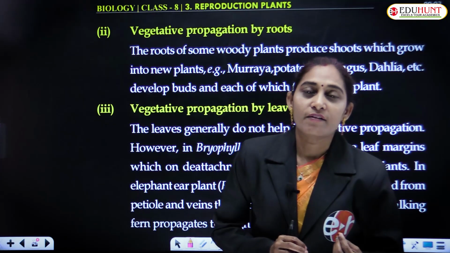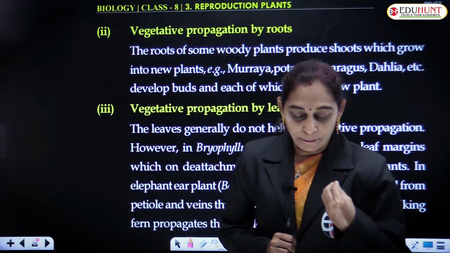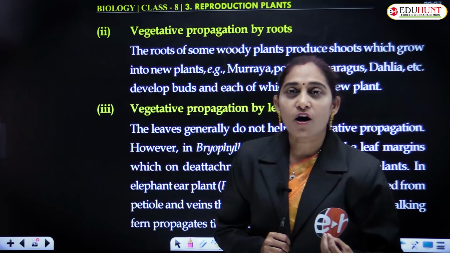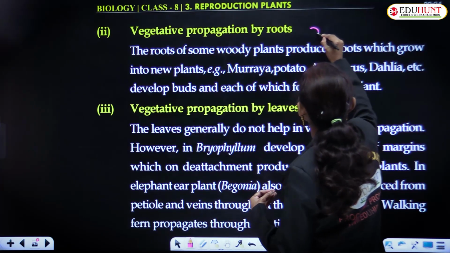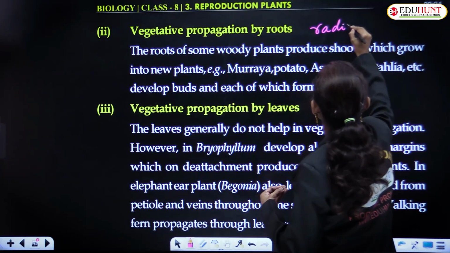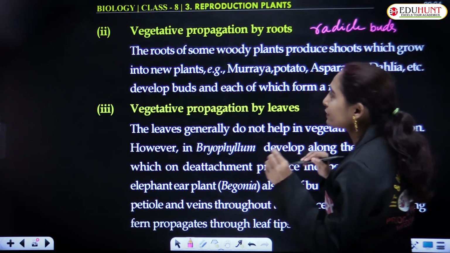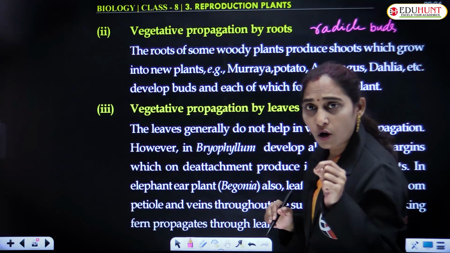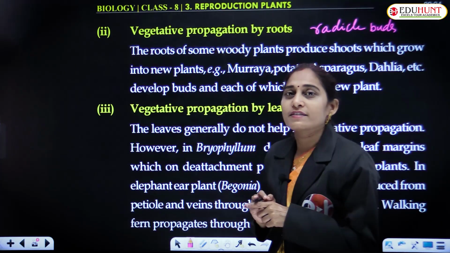Murraya koenigii, that is curry leaves, in which the buds of the roots are called radical buds. The buds on the root are called radical buds. They give out new plants.